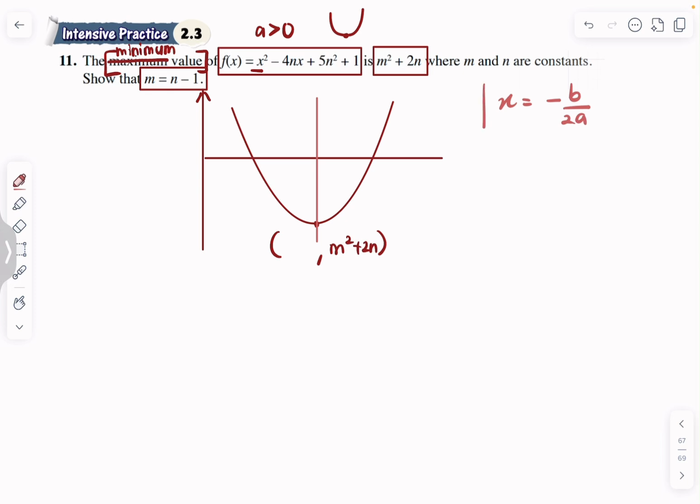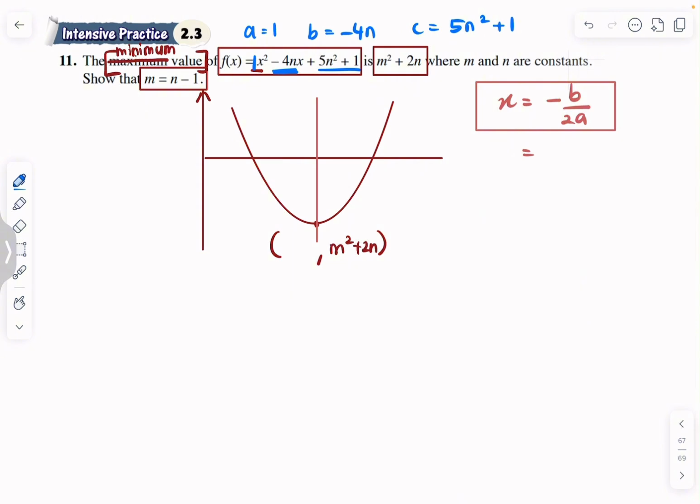This is to find the axis of symmetry, or the x coordinate of the minimum point. Let's figure out a, b and c first. Here a is 1, b is negative 4n, and c is 5n squared plus 1.